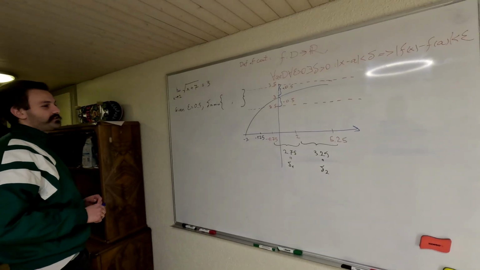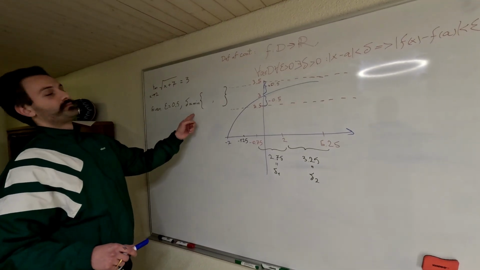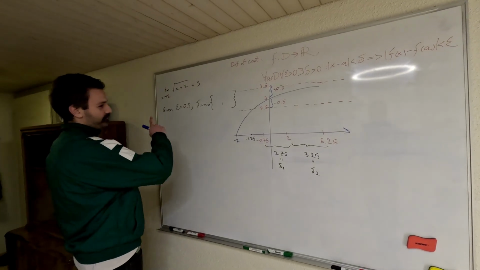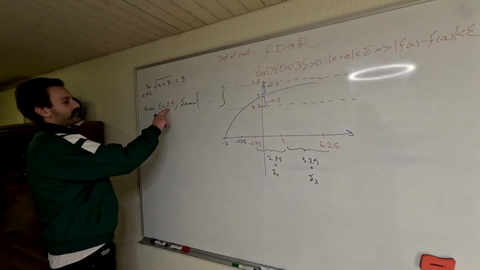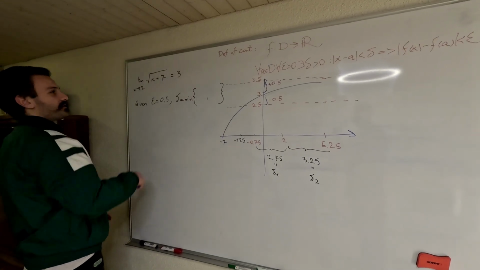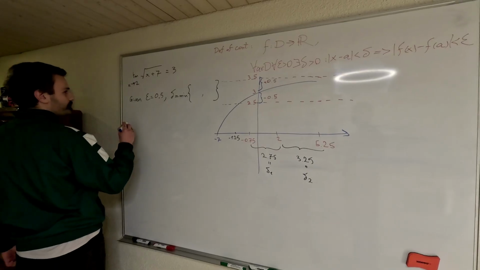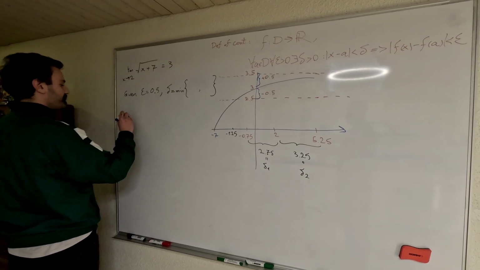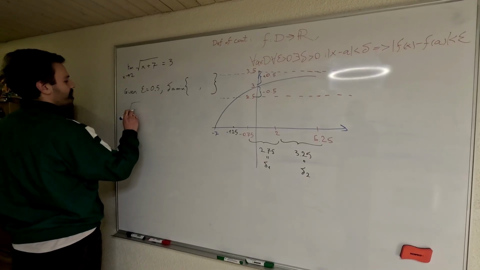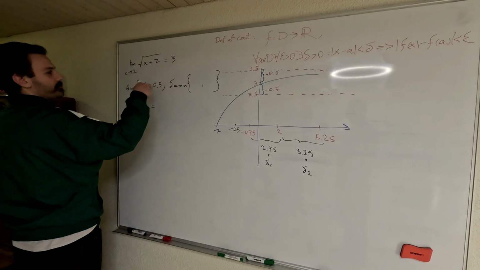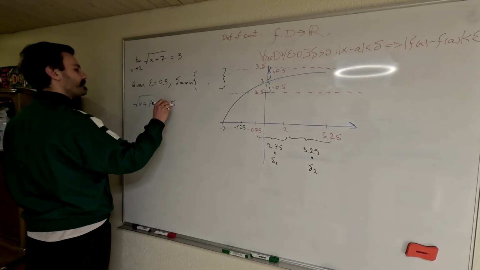Alright, to illustrate why we always choose the minimum of two deltas, let's consider the same graph for a given epsilon equals 0.5. If you plug that into our situation to calculate the x value and solve for x, let's say x plus 7 equals, let's say, 3 minus epsilon, which is 2.5.